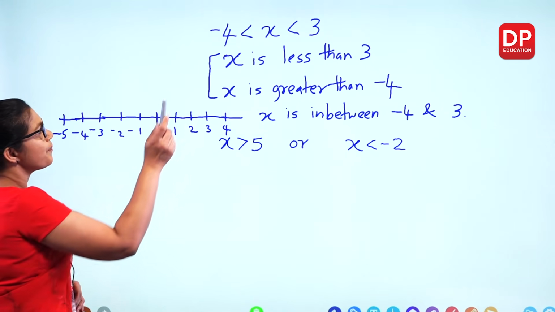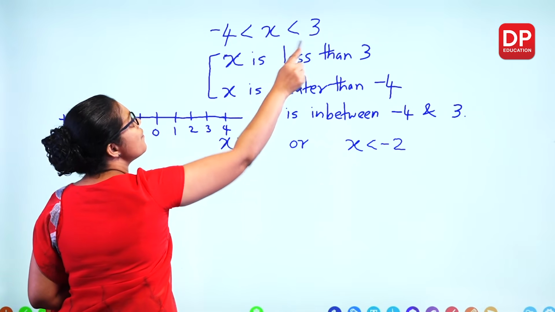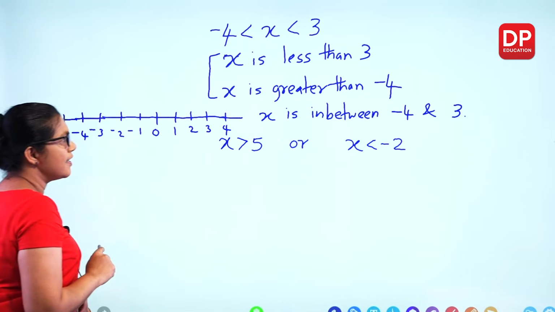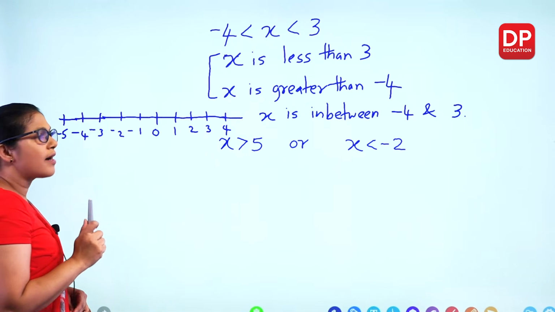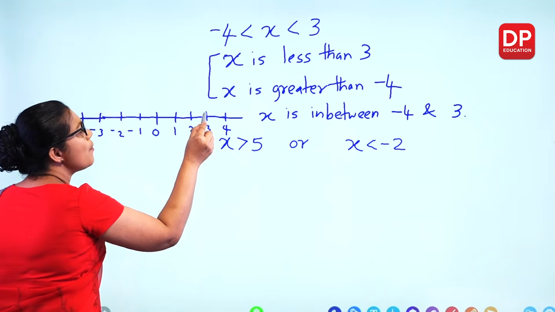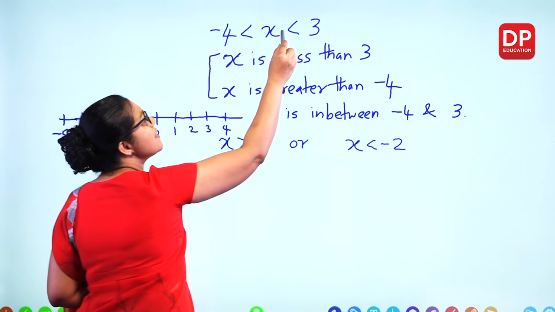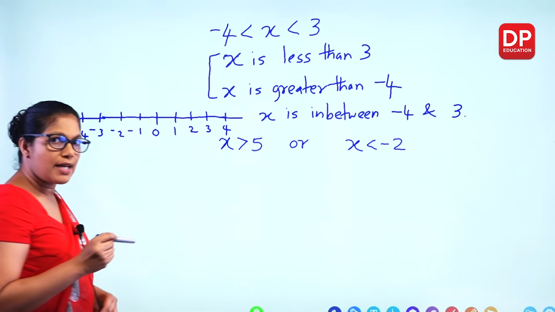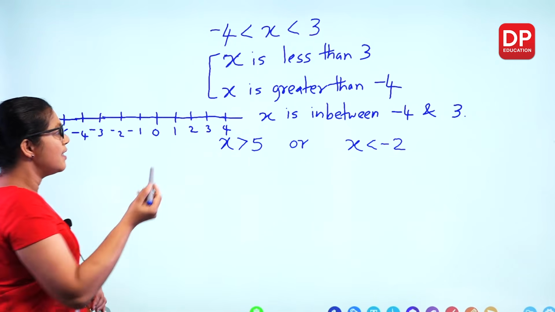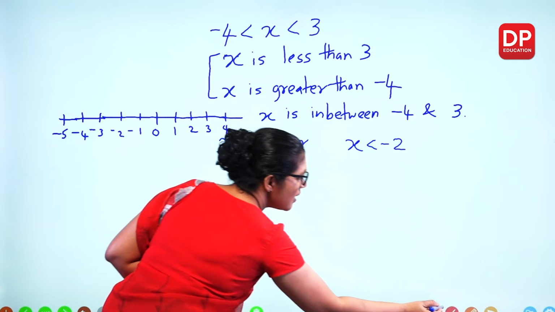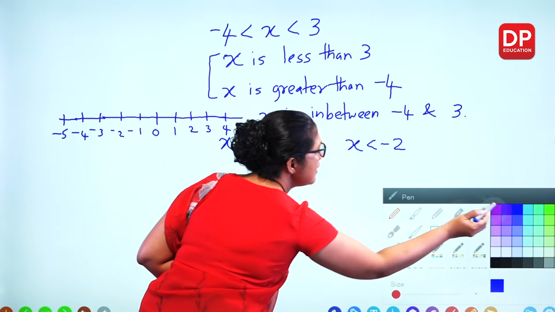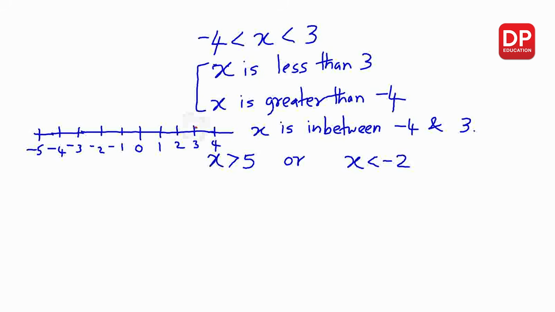Now, we'll try to mark this on the number line. First, x is less than 3, so we mark number 3. When we are marking numbers, if the number is not included, we use an open circle. So, we put an open circle on number 3.